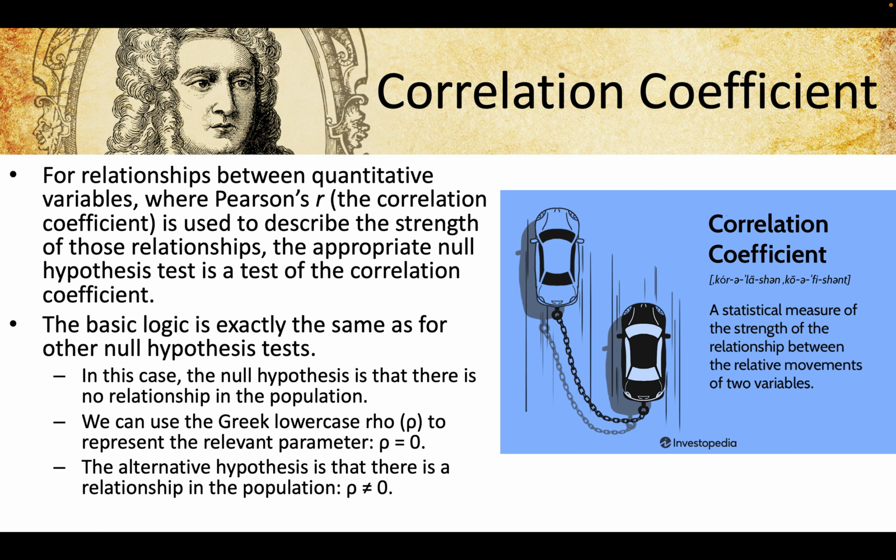In this case, the null hypothesis is that there is no relationship in the population. We can use the Greek lowercase rho to represent the relevant parameter. So rho equals 0. The alternative hypothesis is that there is a relationship in the population. Rho doesn't equal 0.